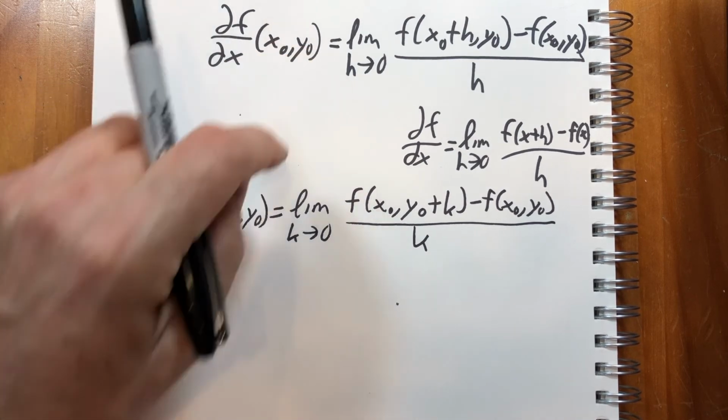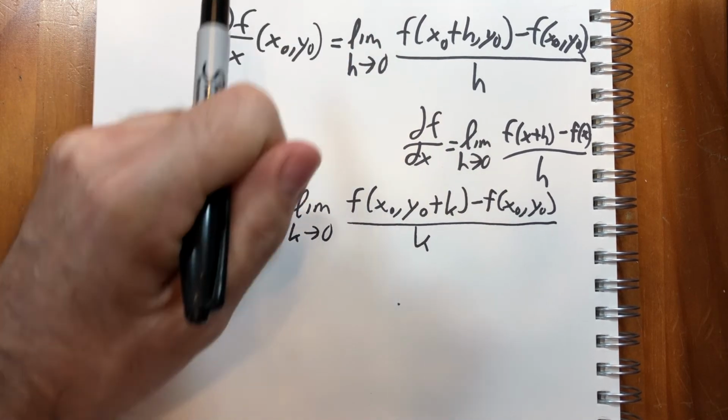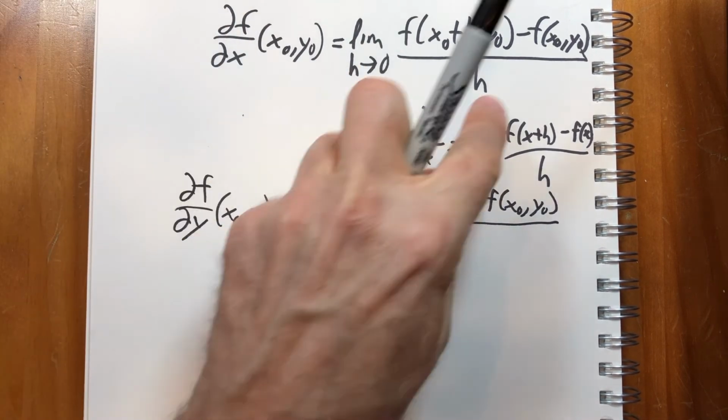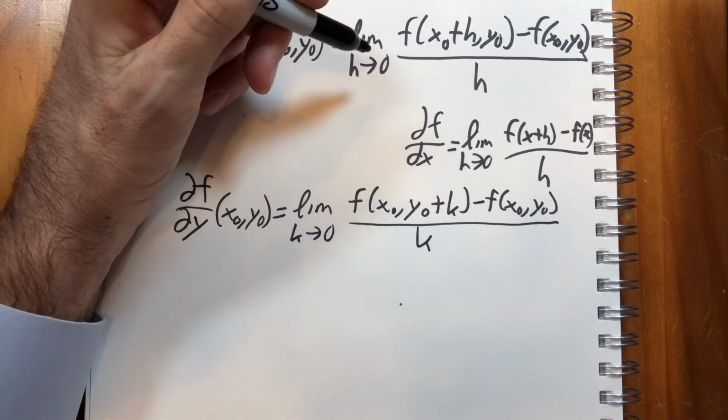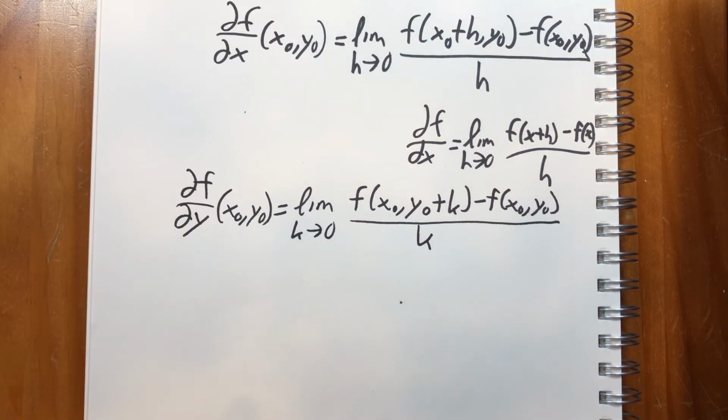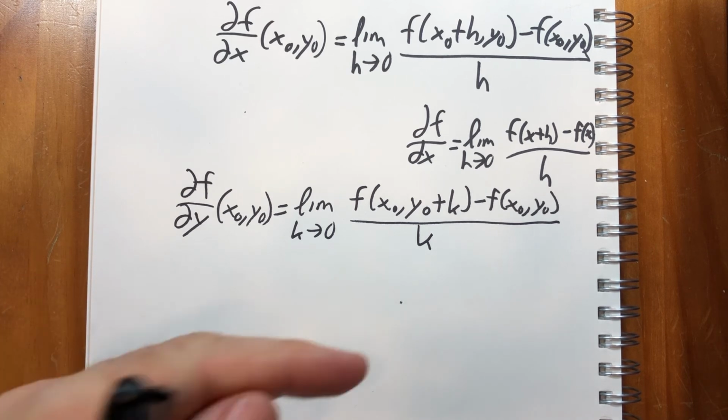One important detail is that we're actually taking two different limits here, so you just have to keep that in mind. We can't simply write this as x0 plus h and y0 plus h minus x0, y0, for reasons that we'll get to soon. When we're dealing with multiple dimensions, it's more complicated, and we have to be careful about how we're approaching the point.